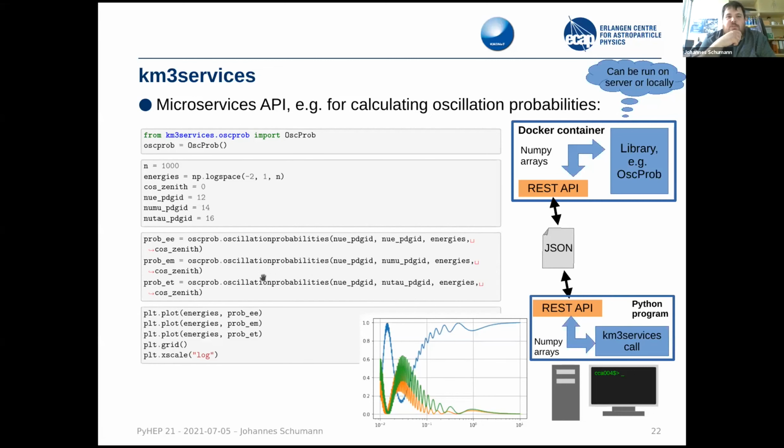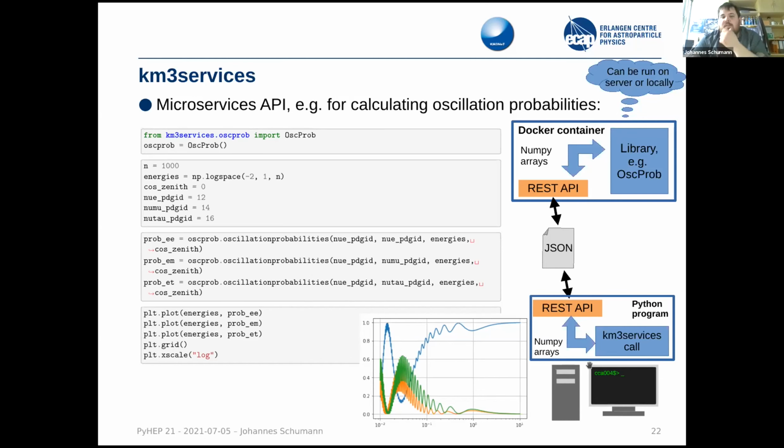Okay, the last project I want to show you here is the KM3Services package. This provides a microservices API for different functionalities, for example for calculating oscillation probabilities.